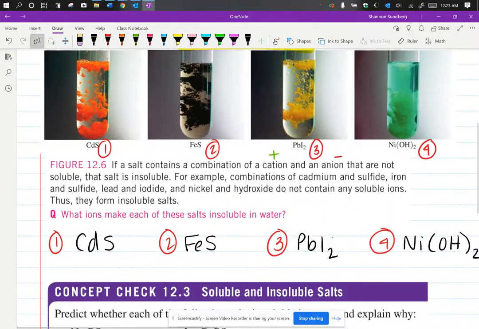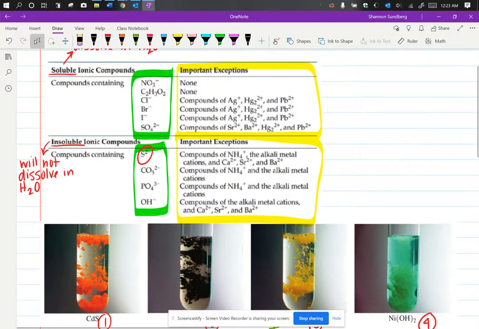So who's making this insoluble? Well, it's sulfur. Sulfur is the one that's goofing up the flow. There's no exception to this rule. Sulfur makes things insoluble unless there's an exception. So if we look at the second test tube, it's got iron and sulfur in there. If number 2 is anything like number 1, sulfur needs to be paired up with anybody in group 1, calcium, strontium, barium, or ammonium.